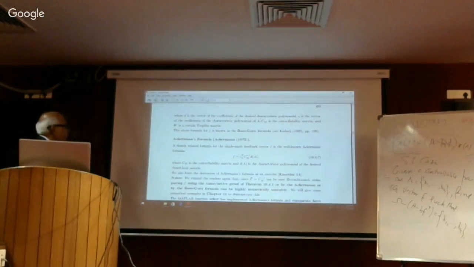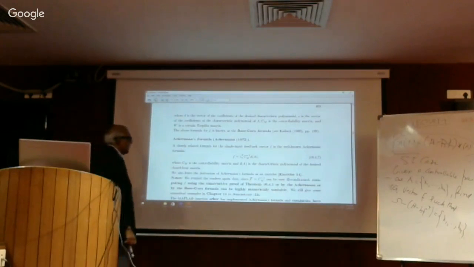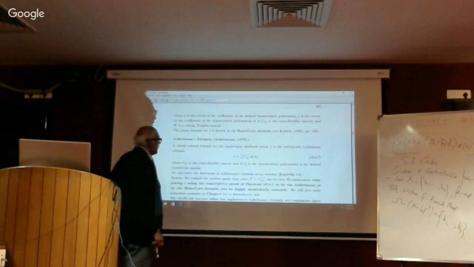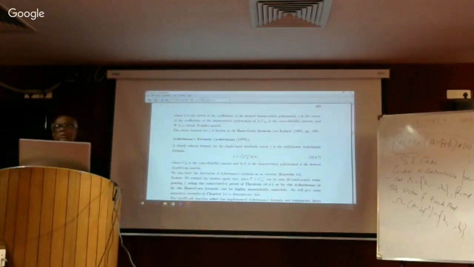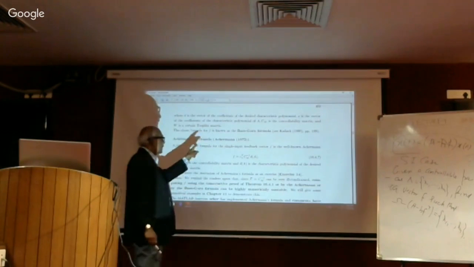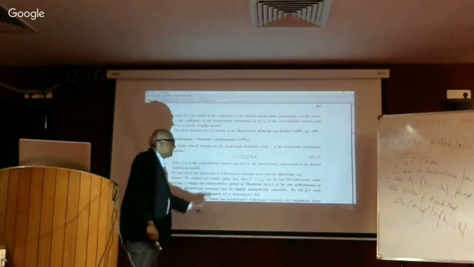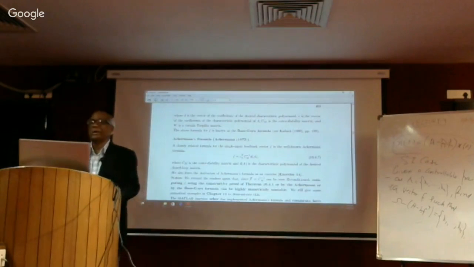So here is the well-known Ackermann's formula. Ackermann's formula says that given a controllable pair A, B, if you construct the vector F in this way, where Cm is the controllability matrix. If you look into this formula, you have to compute not only the matrix Cm, but you also have to compute the inverse.